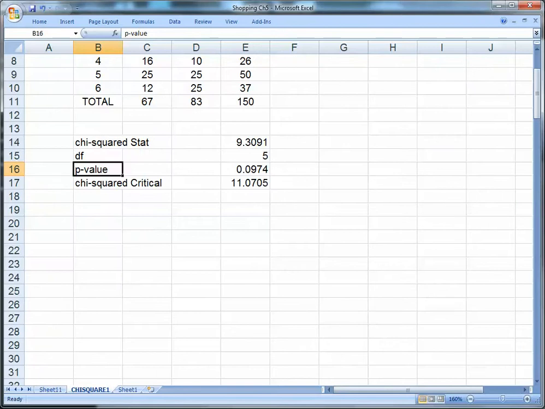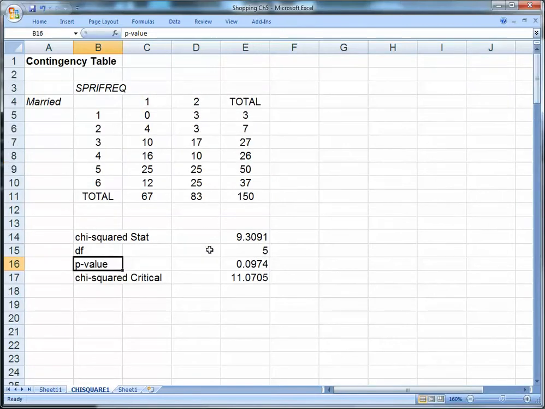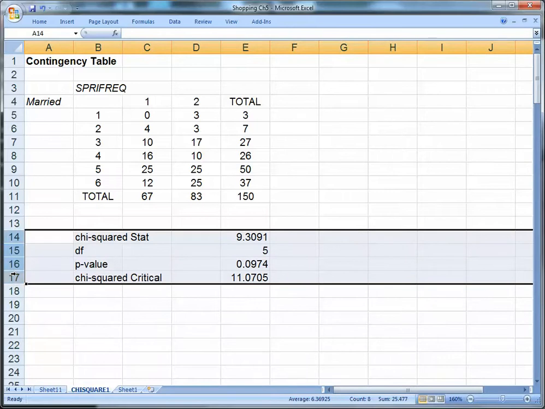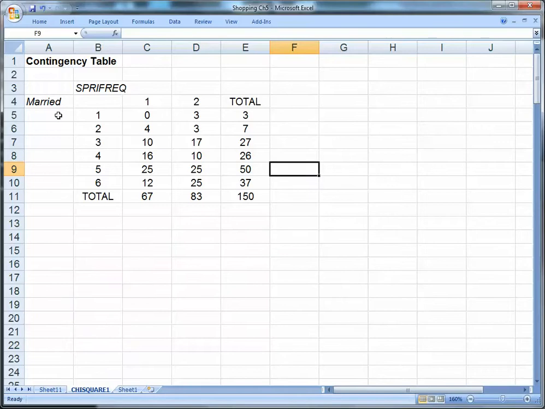Excel generated some data. This stuff in the lower part, we don't need, we don't care about. What do we have here? Well, it's kind of strange here. Married, sitting here in A4, actually goes with these 2 guys. So I'm going to move that value up there. Really, these are the frequency values down here.